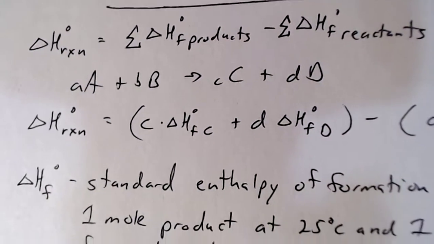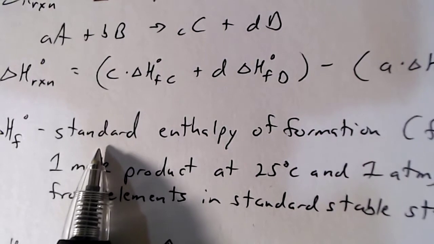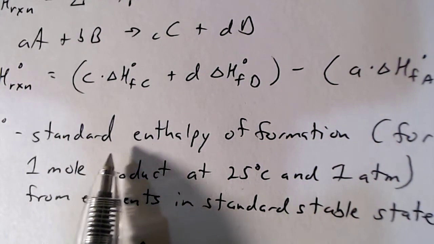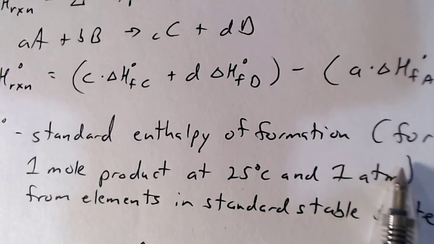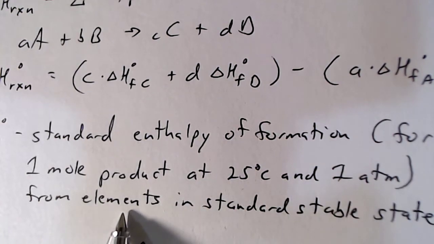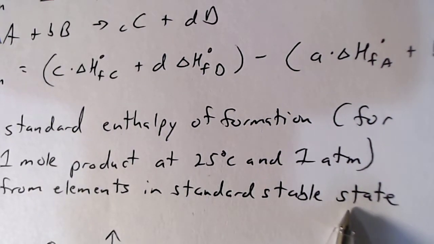So heat of formation is technically the standard enthalpy of formation. That is the enthalpy change to form a mole of something from the elements that it's composed of in their standard stable state.